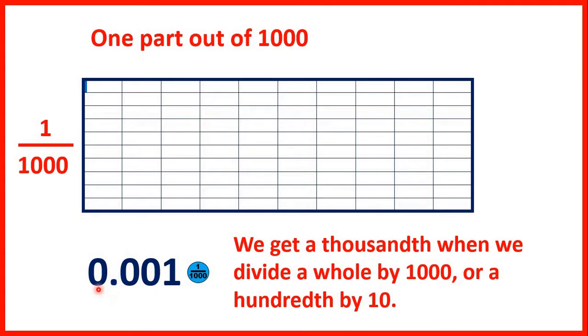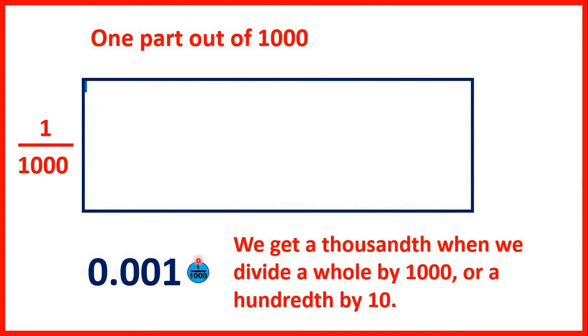Remember, we have our ones before the decimal point, then after the decimal point we have tenths, hundredths and then thousandths. And we can show a place value counter for our thousandths, and though it's written as a fraction, again we could have written 0.001 on this place value counter.